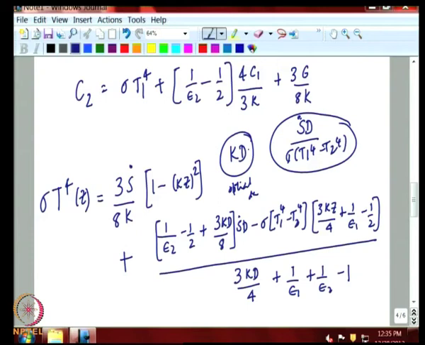So, if this is very large, then this term will become small, because this becomes very large.